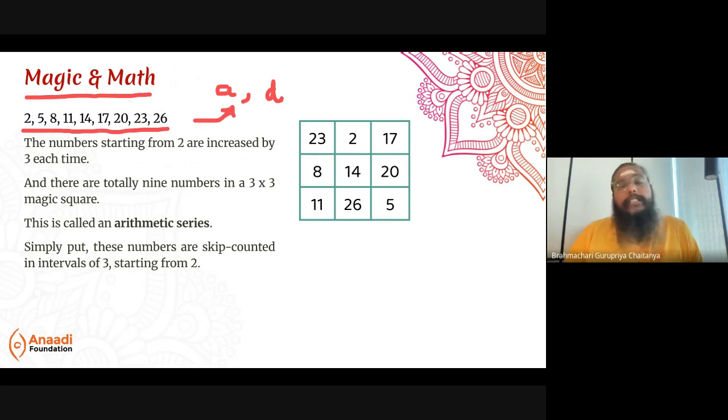There are constructions of magic squares without arithmetic series. However, if you want to prescribe an algorithm to construct a convincing mathematical combination of the magic square, which is consistently delivering, then you would need an arithmetic series to do this. Very, very interesting. This they had figured out in the Indian tradition.